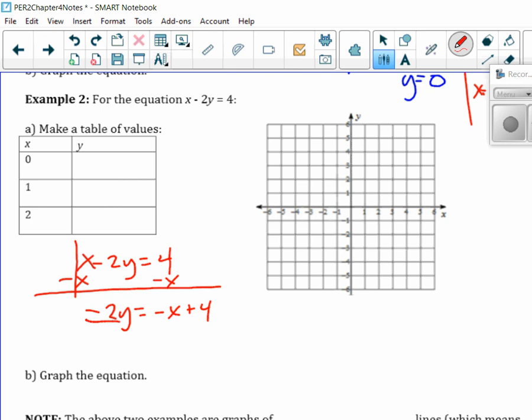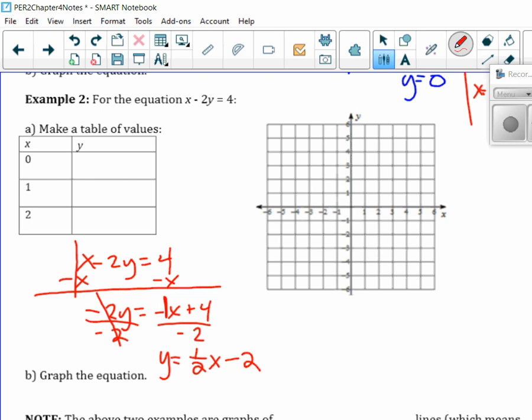And then divide by negative 2 on both sides. What happens when I don't have a number in front of the x? It's an understood 1. So then I get negative 1 over negative 2, which simplifies to 1/2 x. And then the 4 divided by the negative 2, a positive divided by a negative is a negative 2.